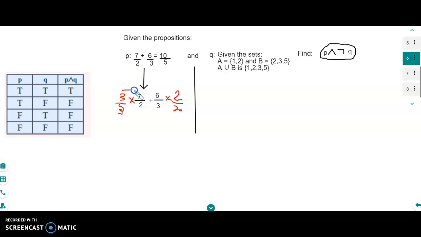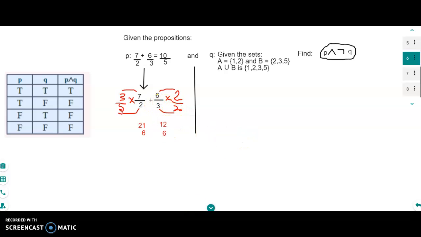Now we can do it. We multiply 3 times 7 and 3 times 2, 6 times 2 and 3 times 2 to get the same denominators. In the first one, 3 times 7 makes 21, and 3 times 2 makes 6. And here we have 6 times 2, that makes 12, and 3 times 2 makes 6.